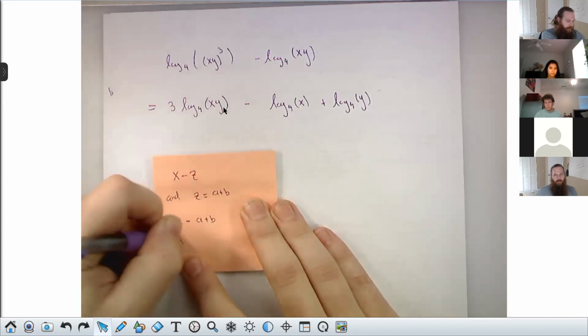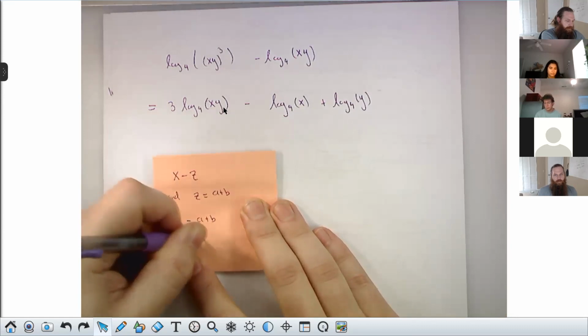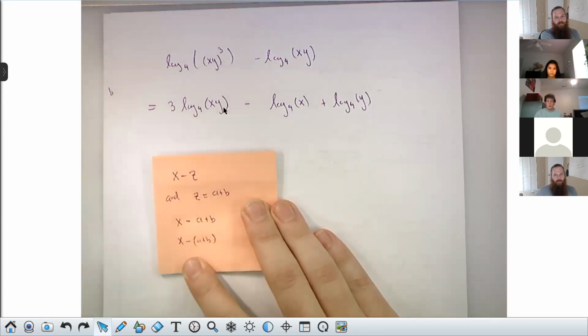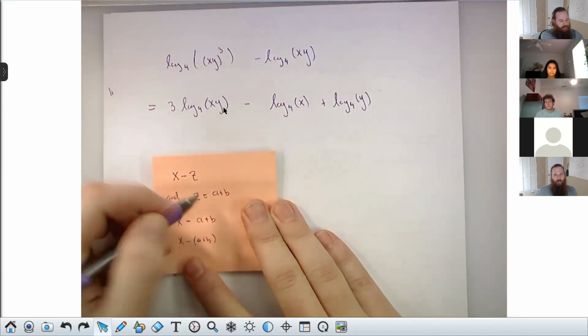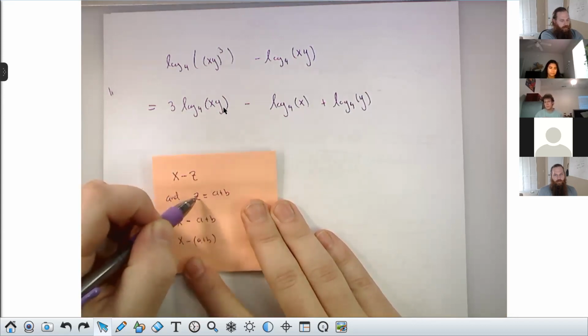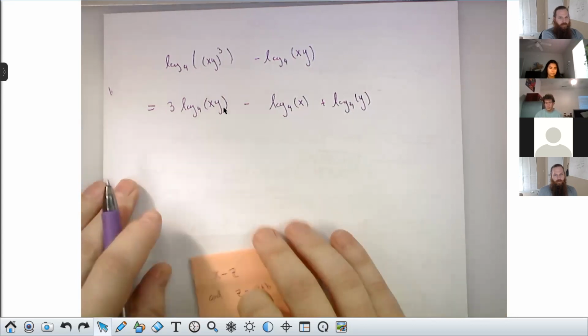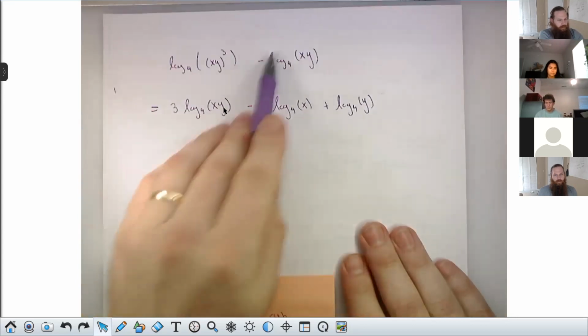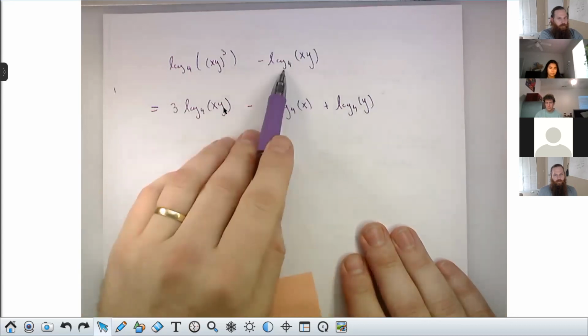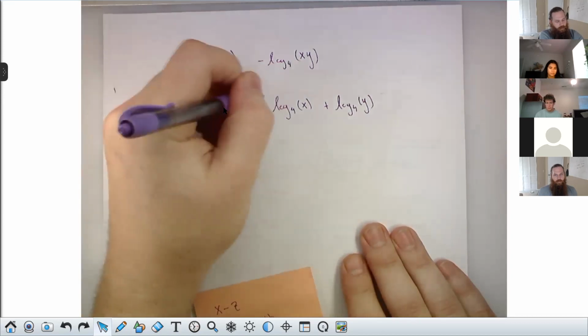Or should I write x minus parentheses a plus b like this? Right, because the z here is sort of a single chunk, and I'm subtracting all of this chunk from x. In the same manner, this apparatus, the base 4 log of xy, is a single chunk, and it's all being subtracted.